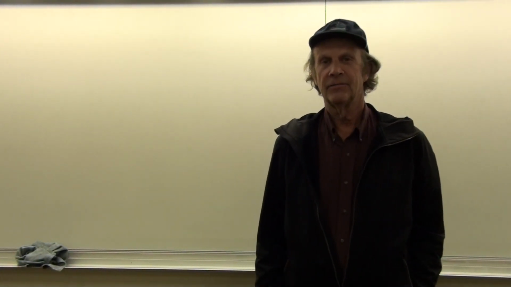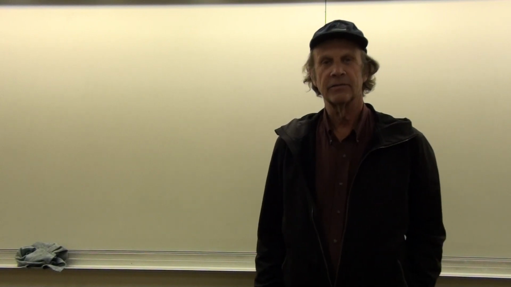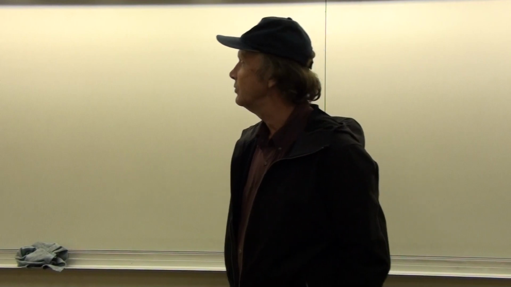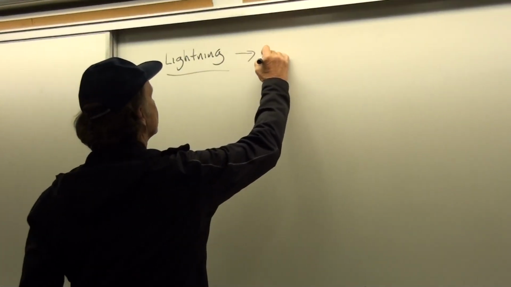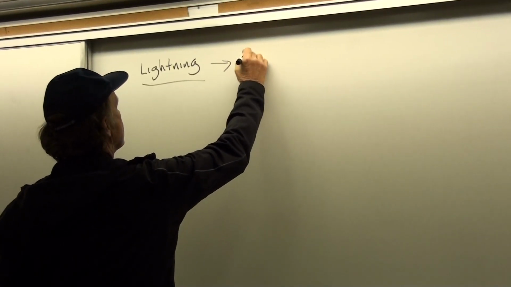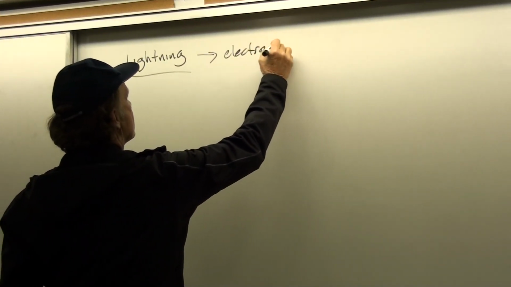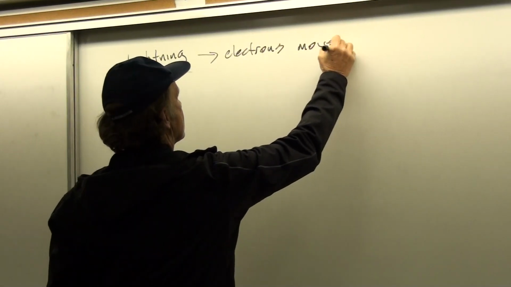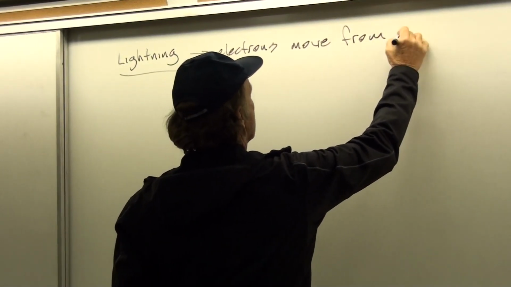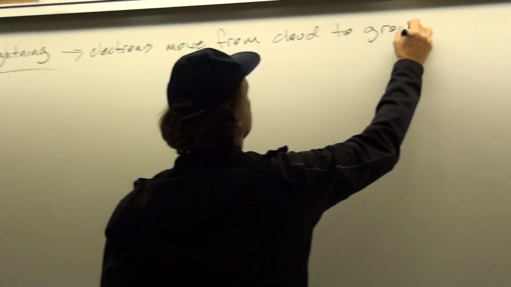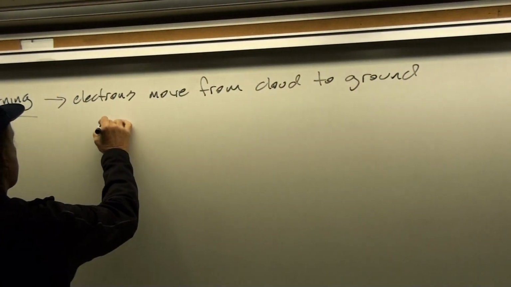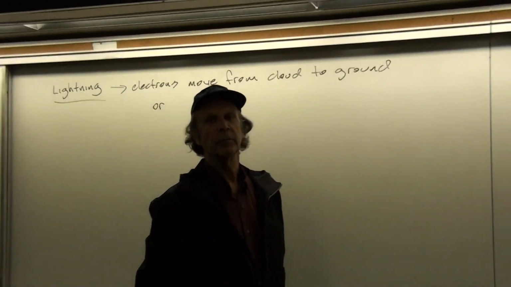All right, next I'd like to take a look at lightning, a very dynamic meteorologic phenomenon. Lightning is associated with charge in the form of electrons moving from cloud to ground, or electrons moving from cloud to cloud.